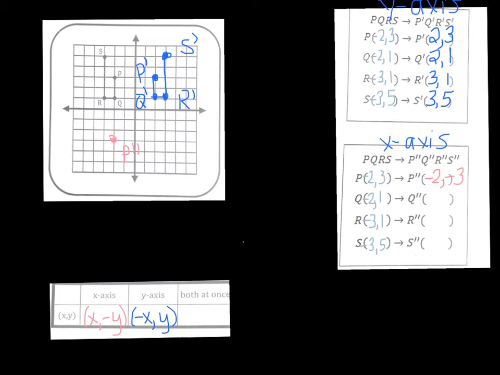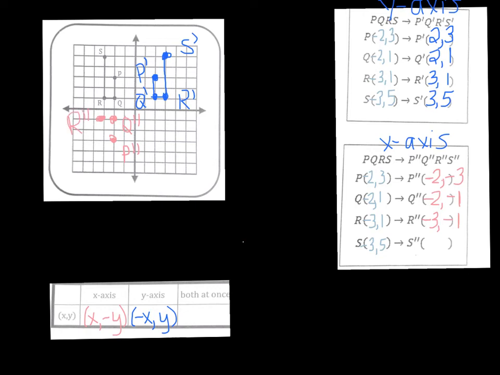So we're going to keep following our rule. The x value stays the same, so this is going to stay a negative 2. The 1 becomes an opposite, so negative 1. Negative 2, negative 1. So that would be Q double prime. And then R would be negative 3. Y value is the opposite, negative 1. Negative 3, negative 1. And this would be R double prime.